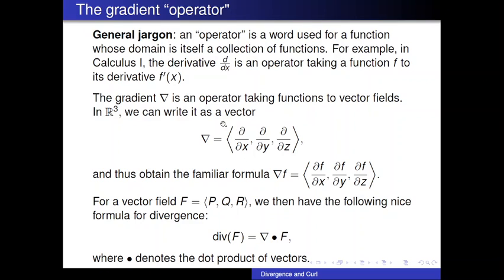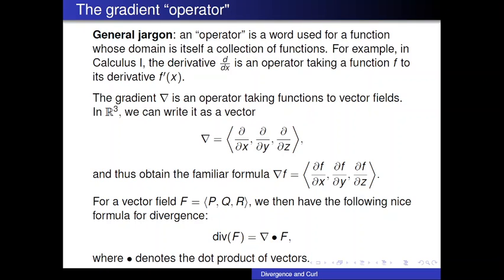It's the partial derivative of p with respect to x plus the partial derivative of q with respect to y plus the partial derivative of r with respect to z. So that's kind of nice looking, and that's going to come back and be useful in what we're going to talk about next.